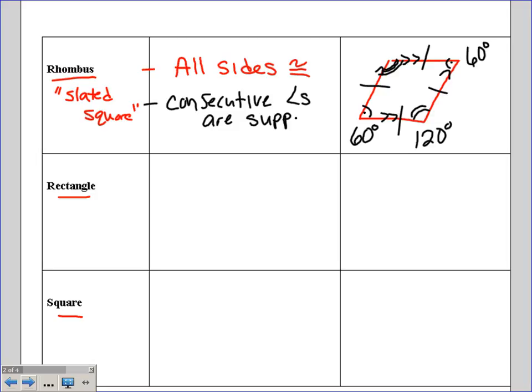If this one's 60, this one has to be 120. So consecutive angles as you go around have to be supplementary. So I added yet another characteristic. You wouldn't need that on a test. Notice again that all four of these angles, if we were to add them all up, what do they all add up to? 360. It needs to add up to 360.